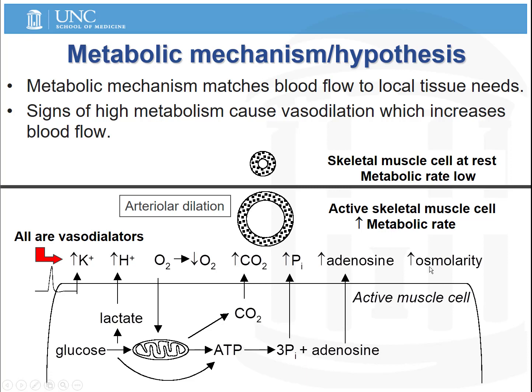So the presence of these factors causes vasodilation using mechanisms that are beyond what we'll talk about here, but that vasodilation increases the blood flow. And then we'll reach a new steady state where the oxygen supply can match the oxygen demand of this very metabolically active cell.